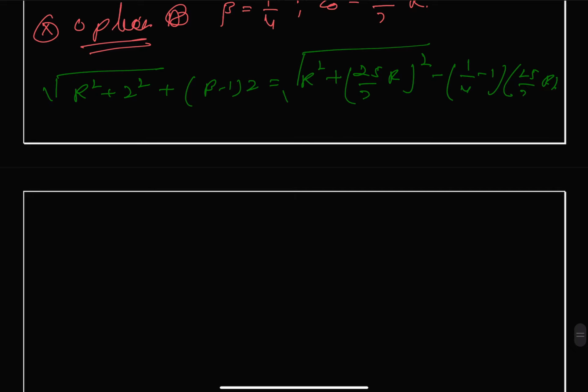We can take R as common because this will be R square and R square, and this is also R. We get 1 plus 625 divided by 49 under the square root, minus 3 by 4, sorry, it will be minus 3 by 4, one second.